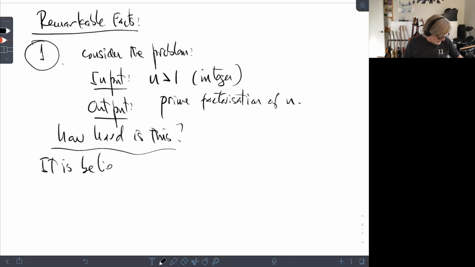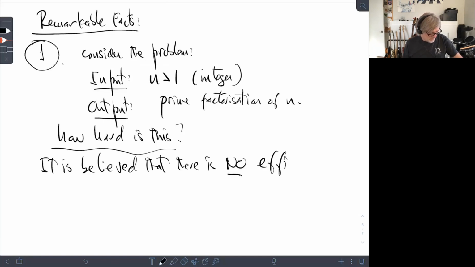It is believed that there is no efficient algorithm to solve this problem.